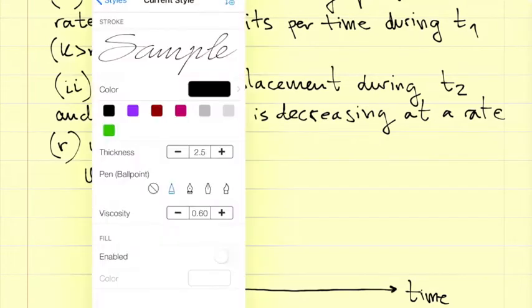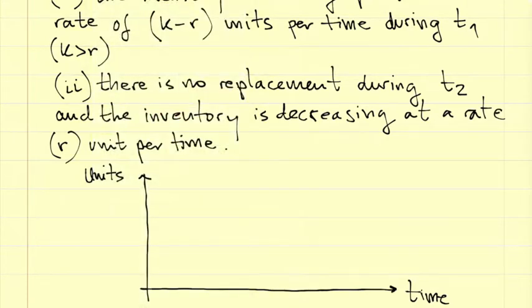And then we have the curve. So here the slope is K minus R, and here the slope is R. Notice that the slope is different, okay?